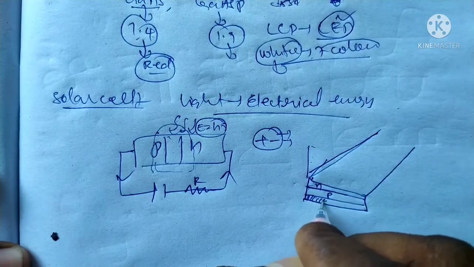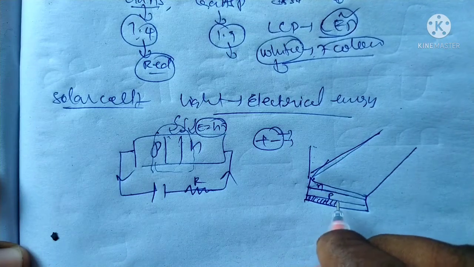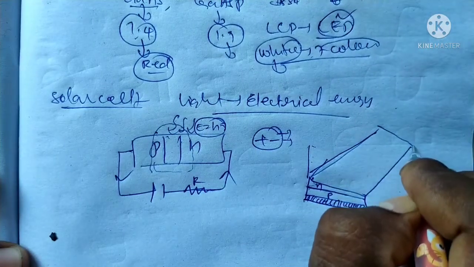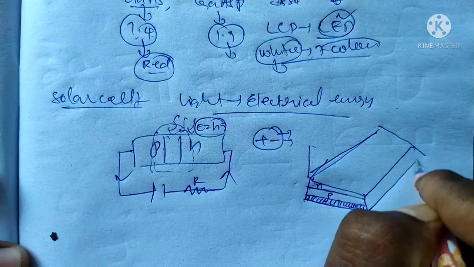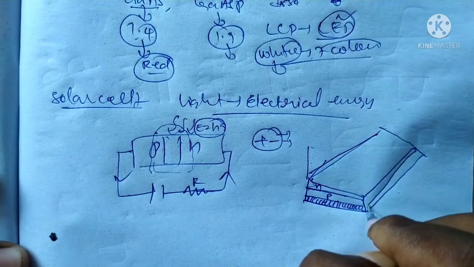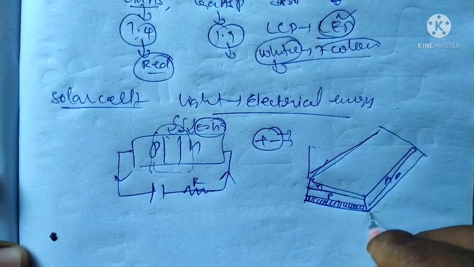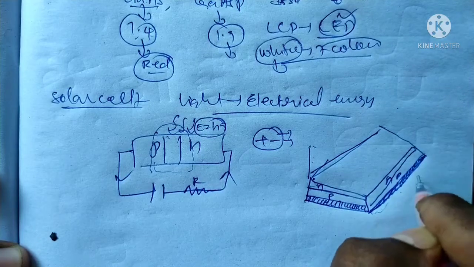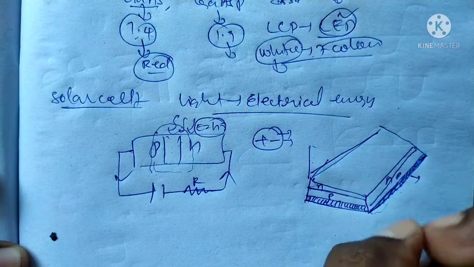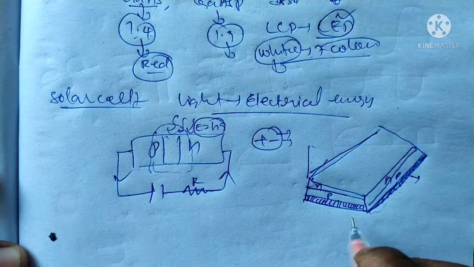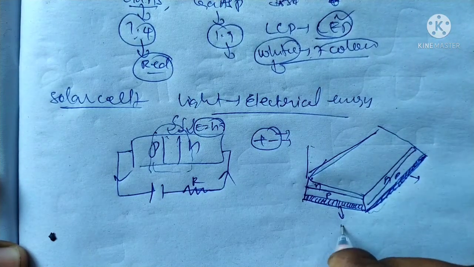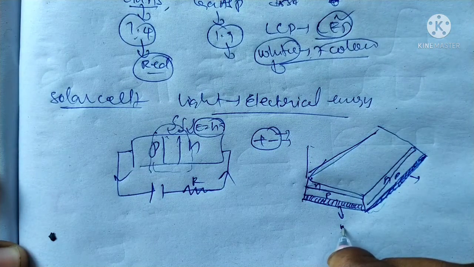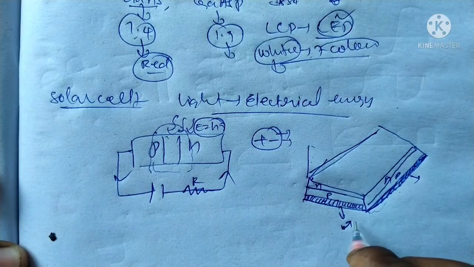There is a metallic contact. What is the use of the metallic content? There is no loss. Suppose we use a black contact, how much energy is absorbed, and also how much of the total energy is transmitted.